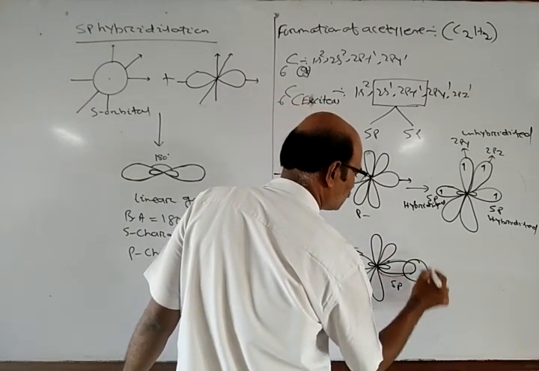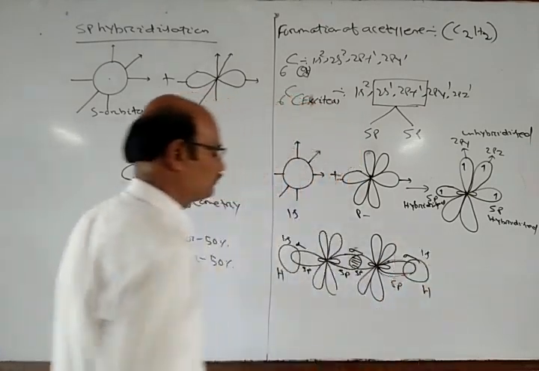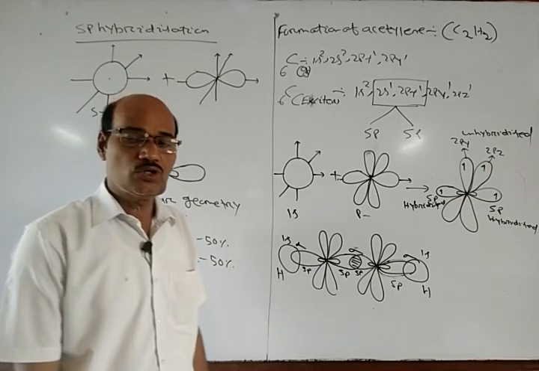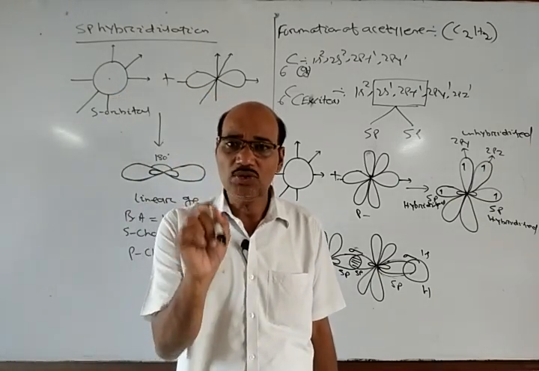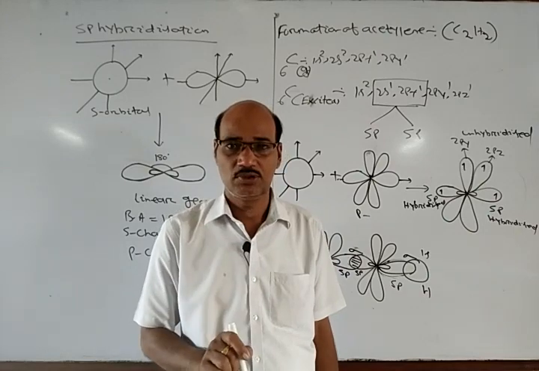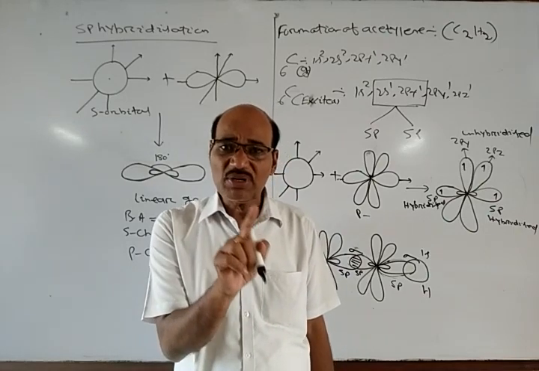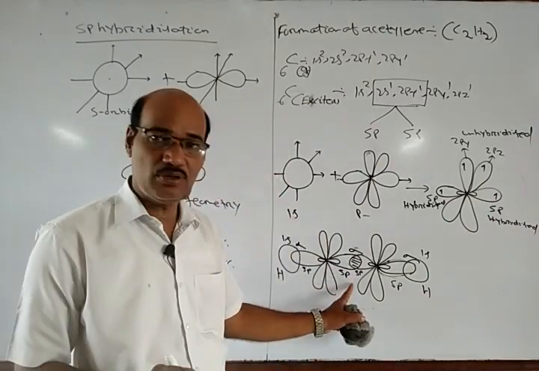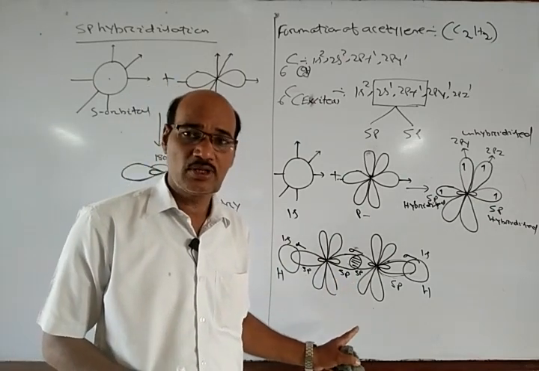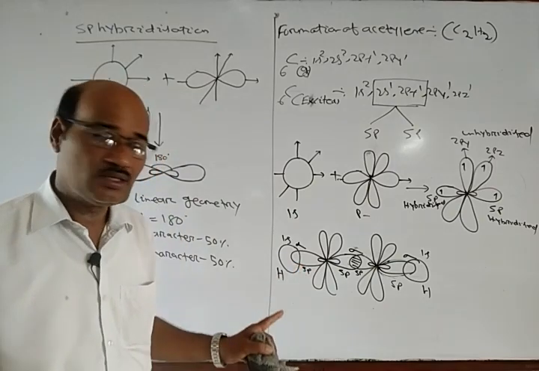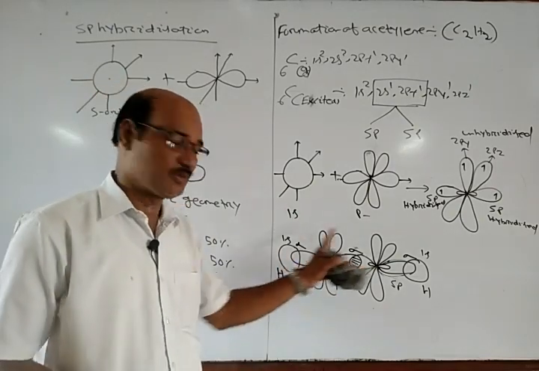So each carbon has two sp hybrid orbitals, out of which one from each forms a sigma bond between the carbons. The remaining sp hybrid orbitals form sigma bonds with the two hydrogen atoms.